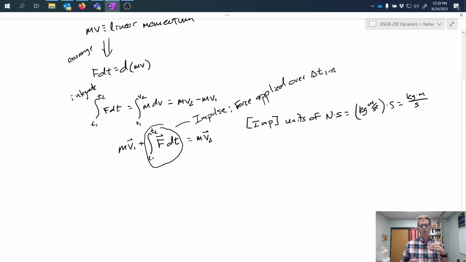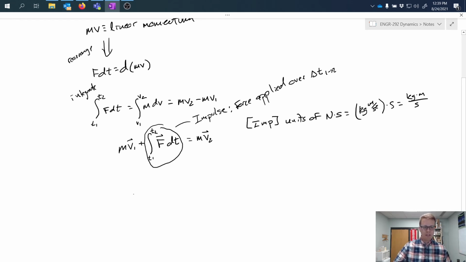So in words, what this says is that an object that's acted on over a period of time by a force will experience a change in momentum. It'll go from state 1 to state 2 where velocity has changed from v1 to v2.